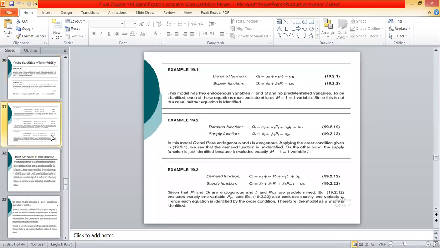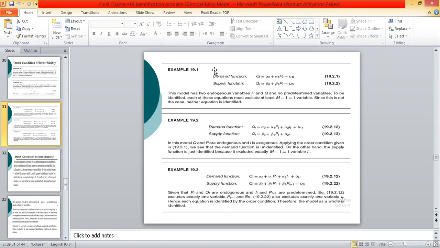Look at these models again, and we'll look at the application of the second definition to examine the identification of these models. In the first model, we have only two endogenous variables. It means M, capital M, equals 2.